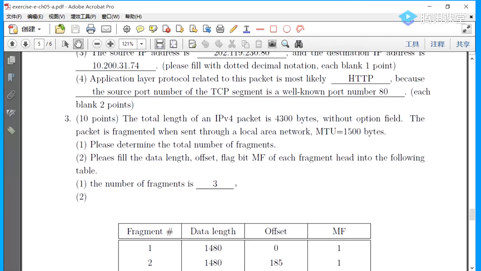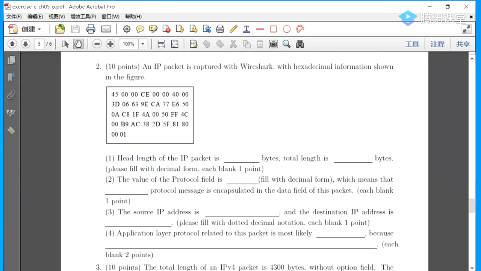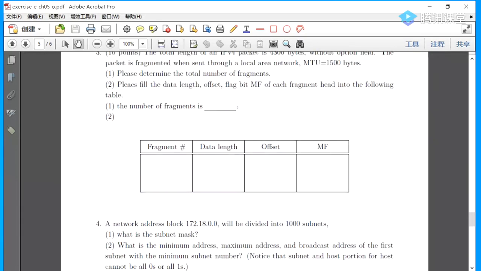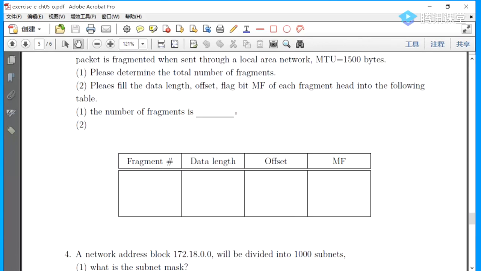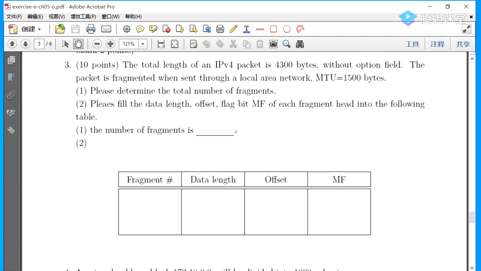Question 3. The total length of IP, it is about fragmentation of the IP protocol. The total length of an IPv4 packet is 4,300 bytes.